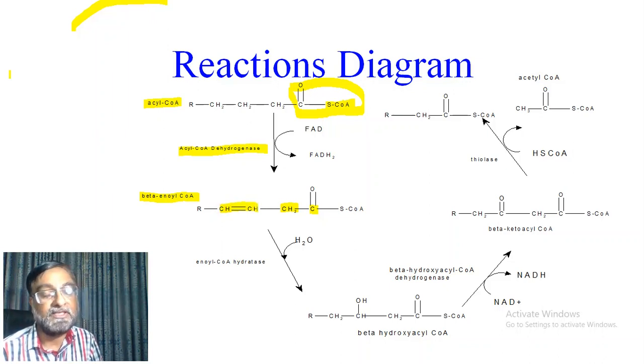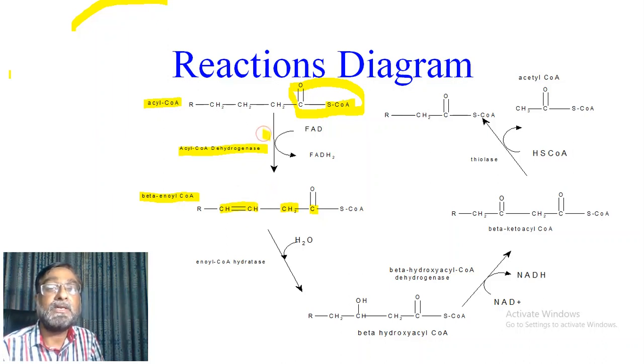So hydrogen is actually removed. So it is called an oxidation process when the hydrogen is removed. As a result of the oxidation, this beta enoyl CoA is formed by removal of the hydrogen.